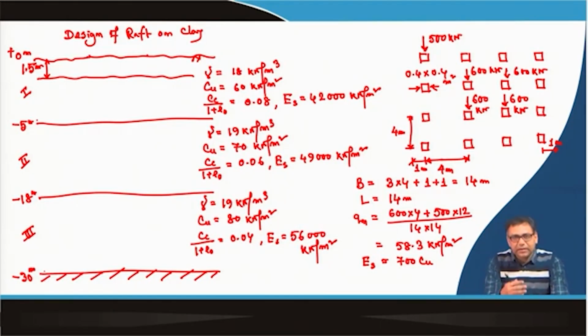So, these properties are basically the lab properties, because Cc over 1 plus e0 is determined from the consolidation test, then Cu and unit weight. You can also use different correlations from field test data to determine the Cu values, but most of these data are tested in the lab, and then these data are used.